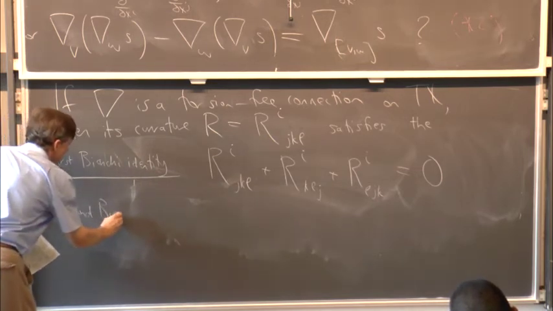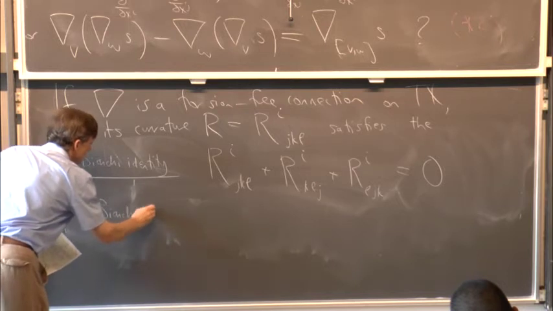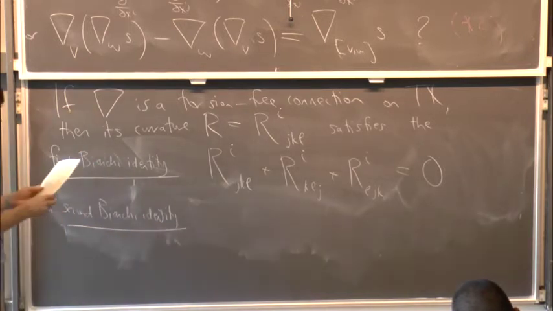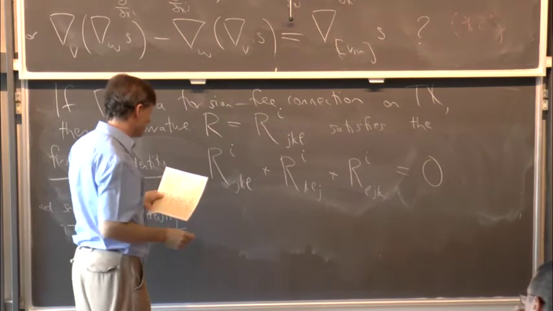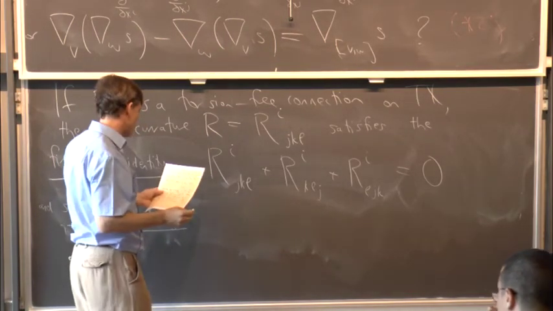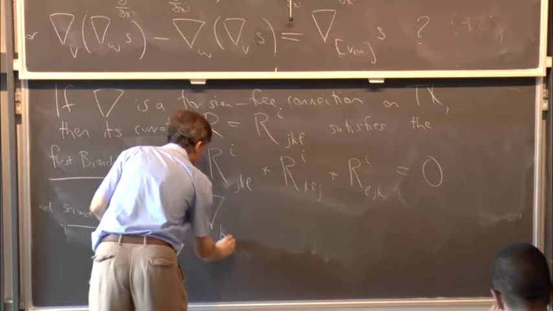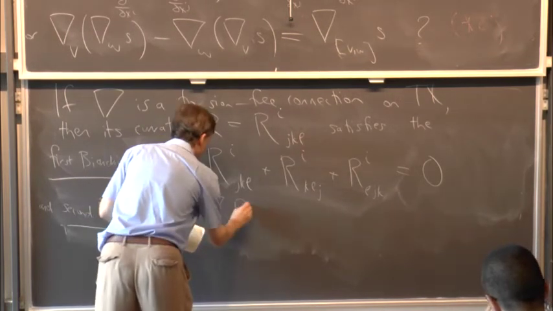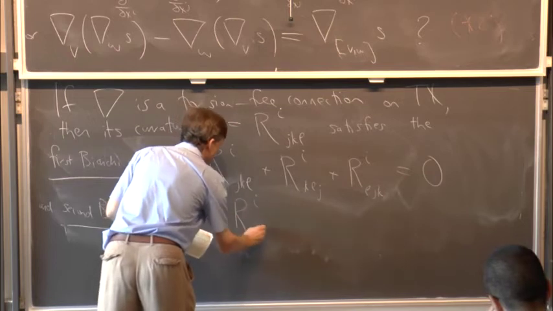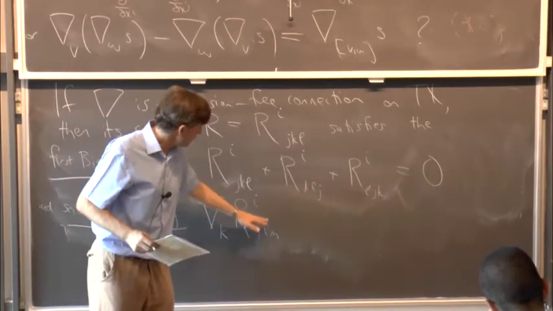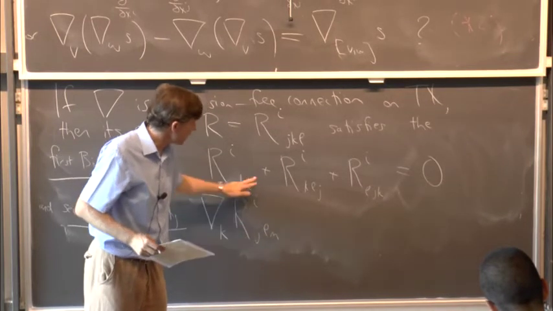And the second Bianchi identity now is going to involve the derivative of R using the connection nabla. So nabla_K R^I_{J L M}. In this formula, the first 2 indices, the I and the J, are going to stay where they are.